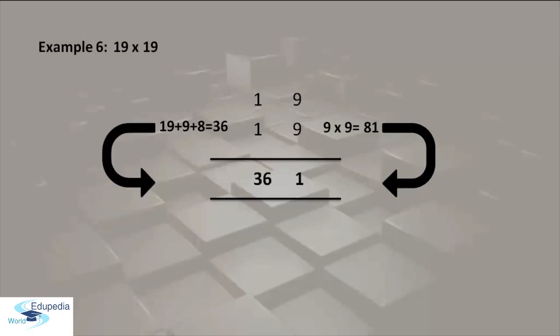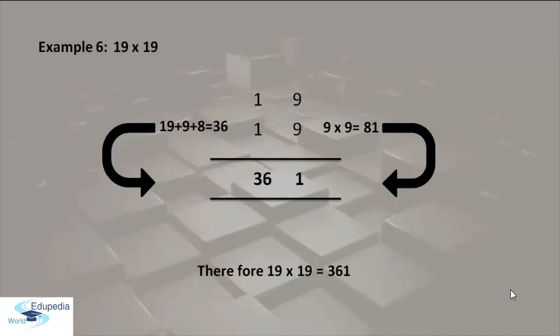Combining the results 36 and 1, we get the final result: 19 into 19 equals 361. This is how we use the shortcut to get the product when multiplying two-digit numbers in which the ones digits are of any kind and the tens digits are 1.